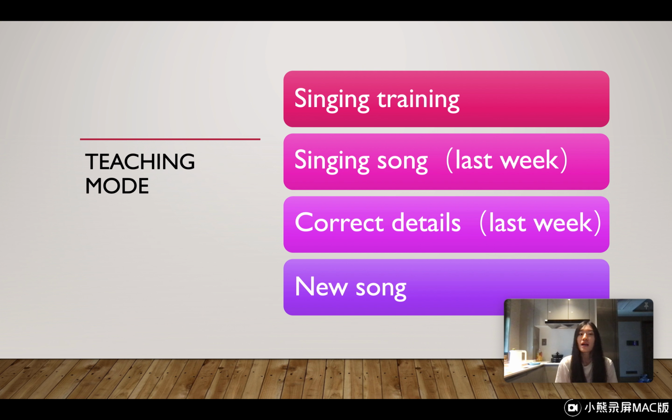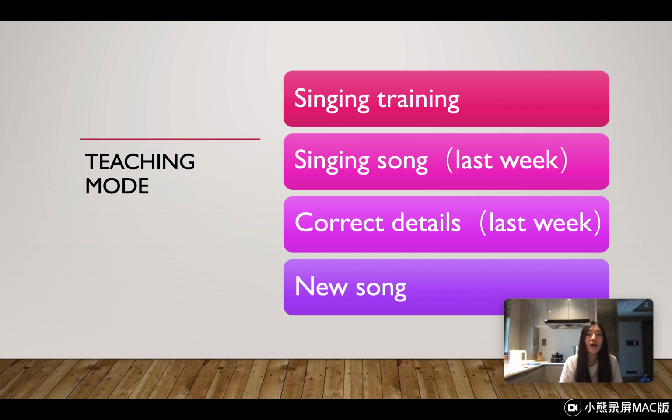And then this is a general teaching procedure of the course. The first is singing training. This means voice practice. The second is reviewing last week's homework. That is singing the song. The third is to point out the problems in last week's homework.